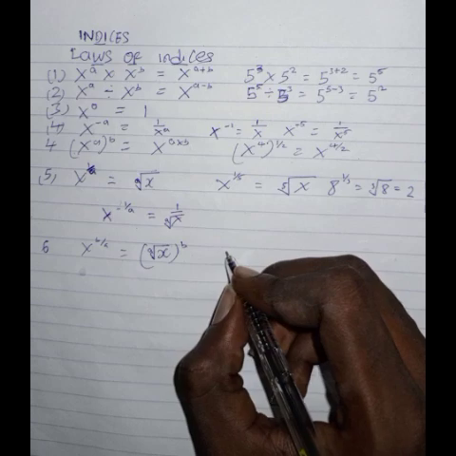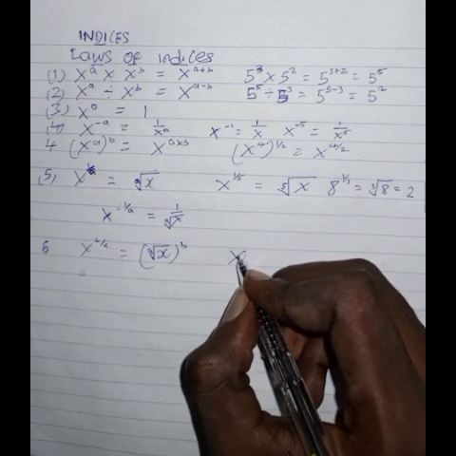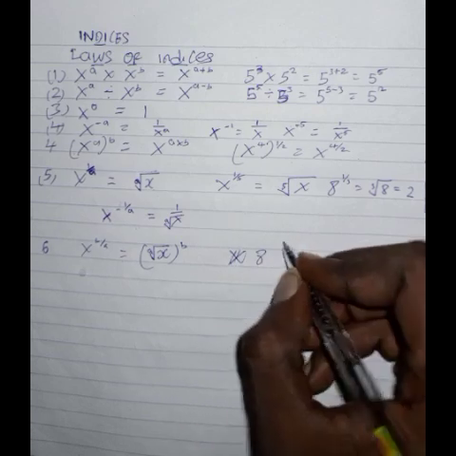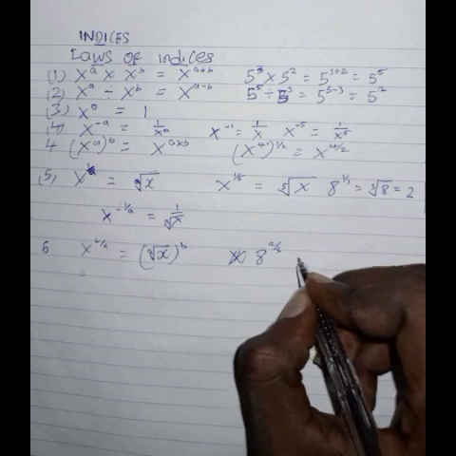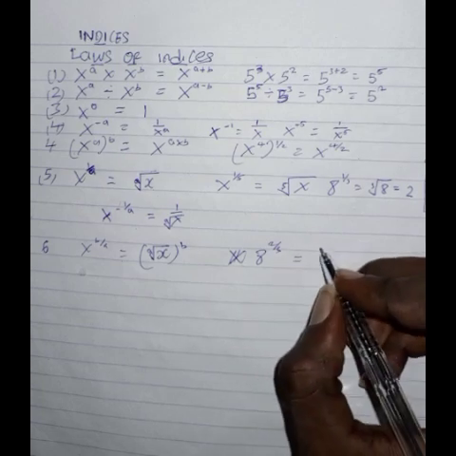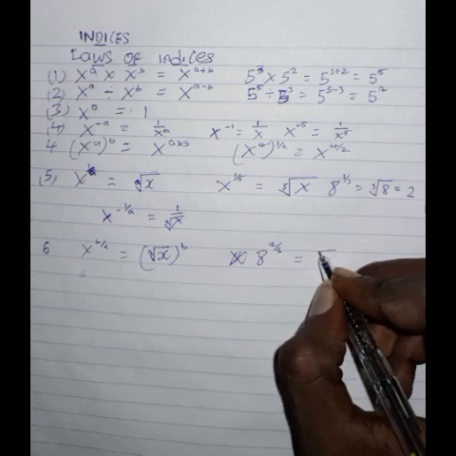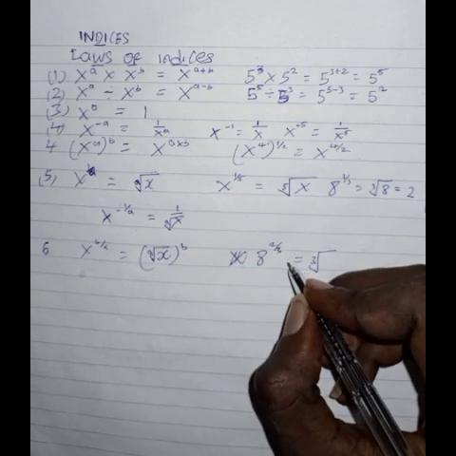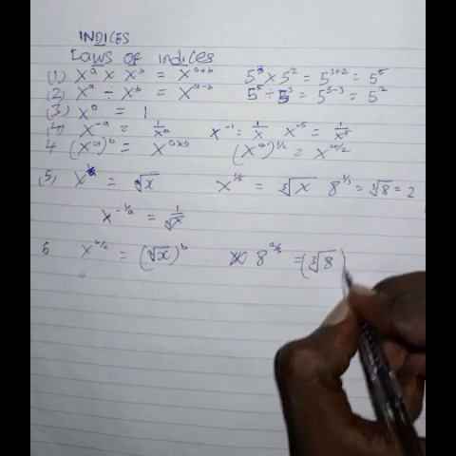For example, let's call this 8 raised to the power of 2 over 3. So this simply means the cube root of 8, because this is 3, the cube root of 8 to the power of 2.